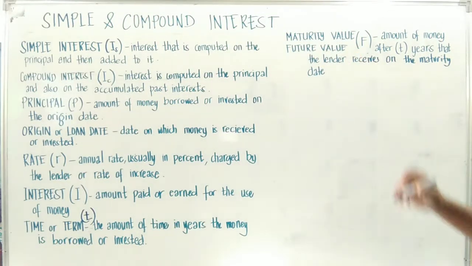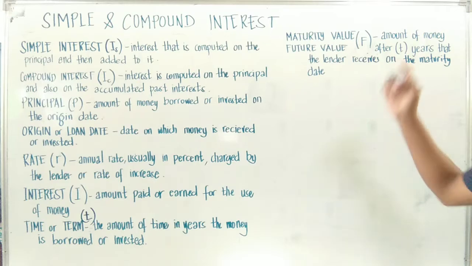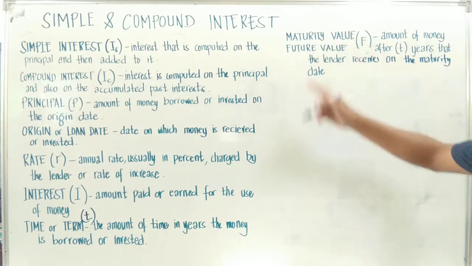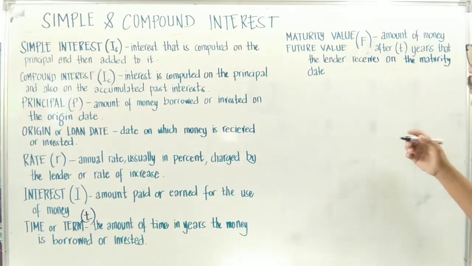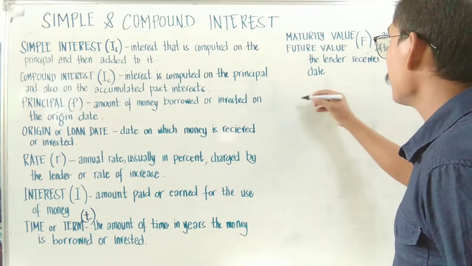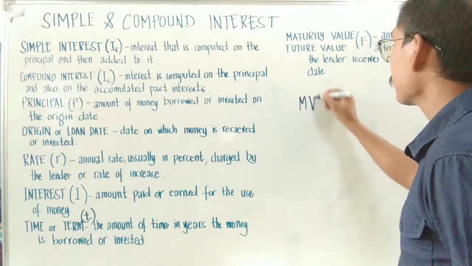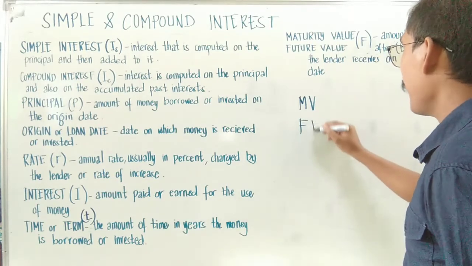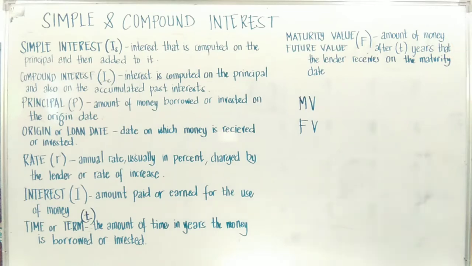Then we have your maturity value, or it can be called future value. In some books, maturity value is denoted by MV, or in some books it is denoted by FV.